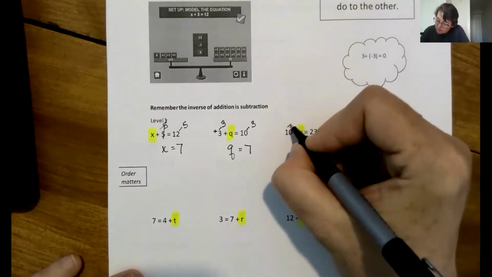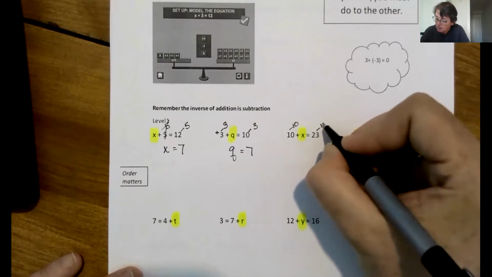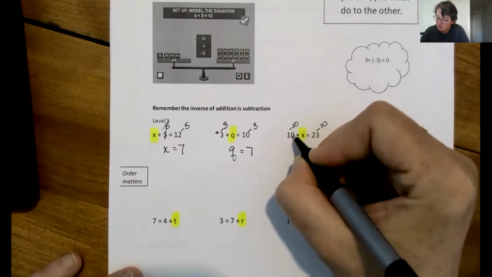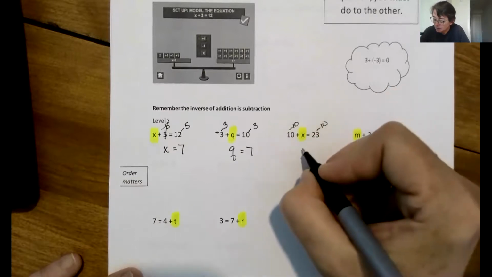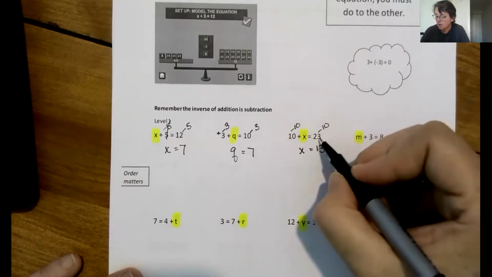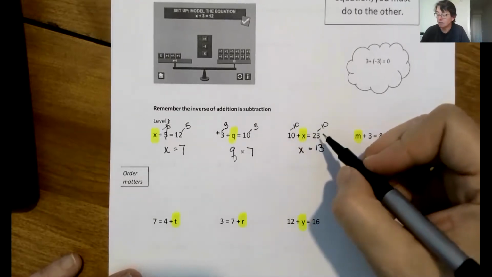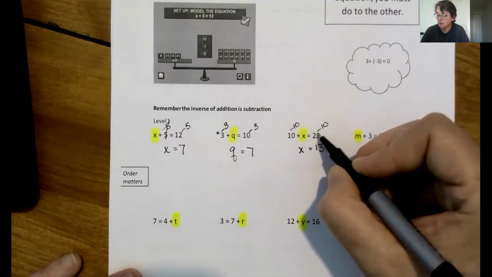So I'm going to subtract 10 there, subtract 10 there. Now remember, this disappears because 10 minus 10 is 0. I don't have to write it anymore. X is equal to 13. Key important, if you need to use your calculator, make sure the 23 goes in first. It's 23 minus 10.